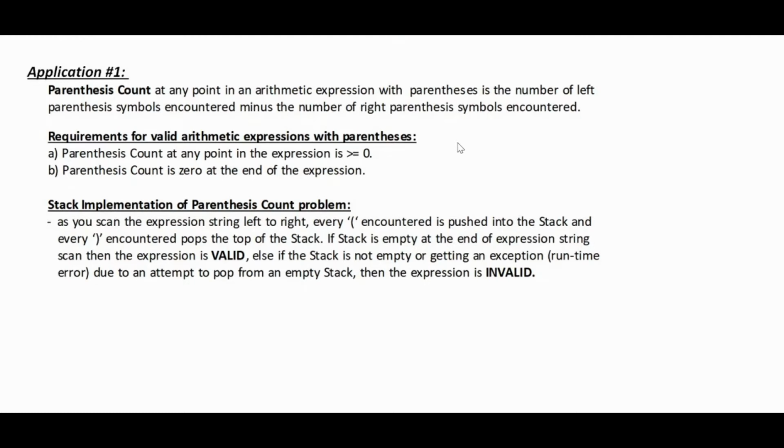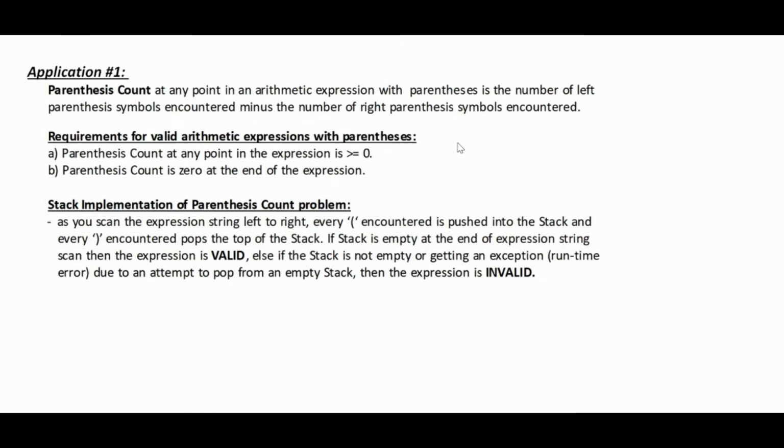So at any point in the arithmetic expression from the leftmost symbol to the rightmost symbol, or to the end of the expression, we can determine the parentheses count. And there are two requirements for a valid arithmetic expression with parentheses.